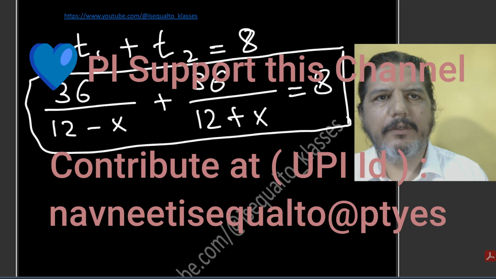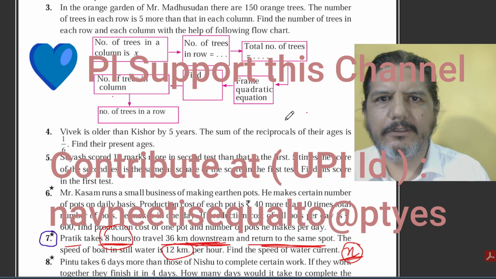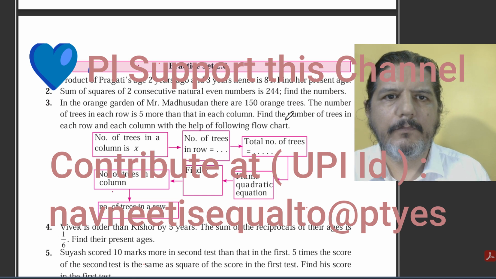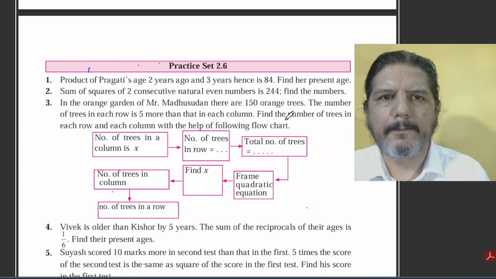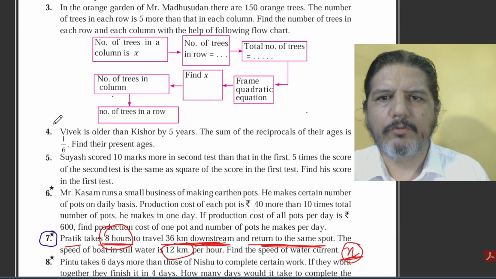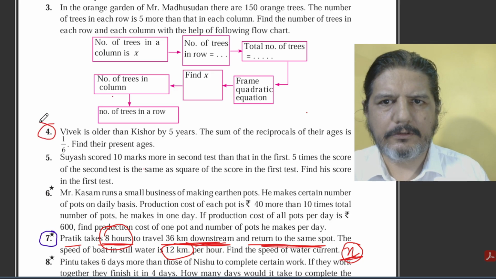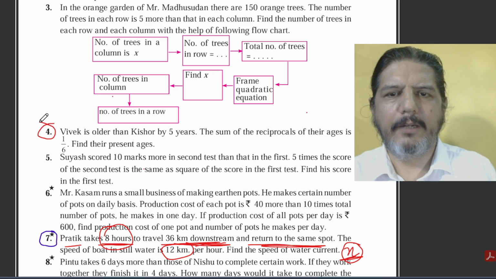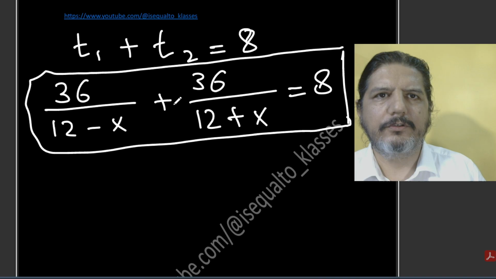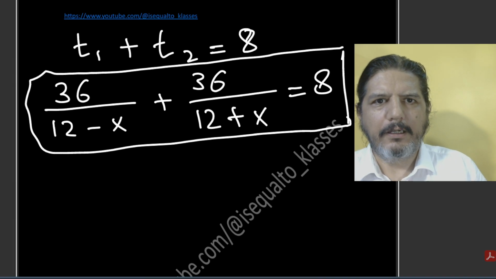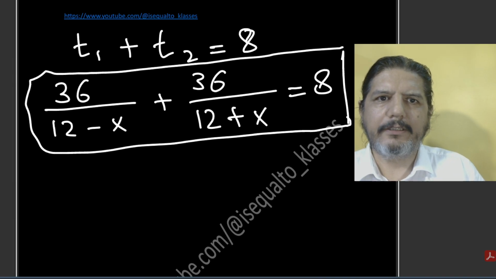There's another question where I had explained the algebraic equations in detail. There was a reciprocal question. You can refer to question number 4. I have explained how to solve these kind of equations in question number 4. I'll put the link also. You can have a look at that.